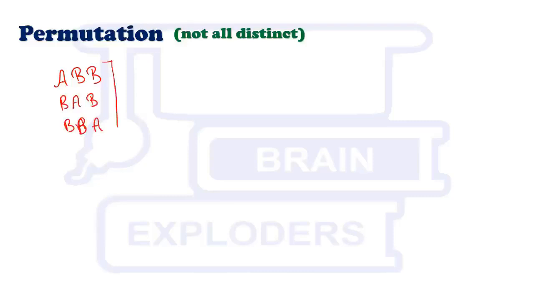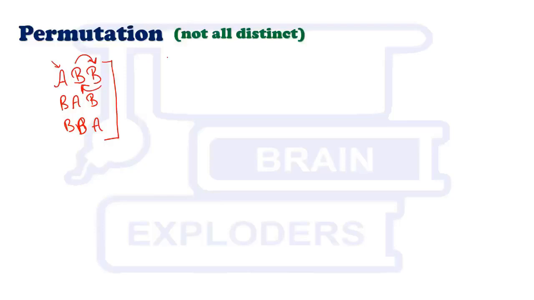With these 3 given letters, we can have only 3 permutations. Since the 2 B's are of the same kind, if we try to find another permutation by keeping A fixed and interchanging only the B's, it is not possible because the result will again be the same.